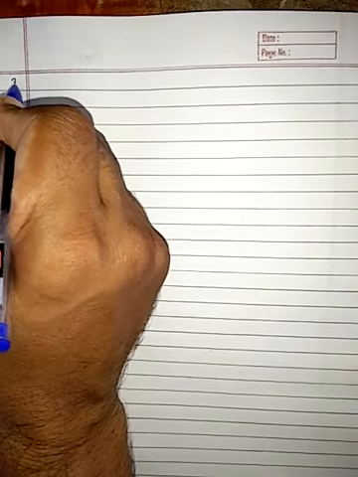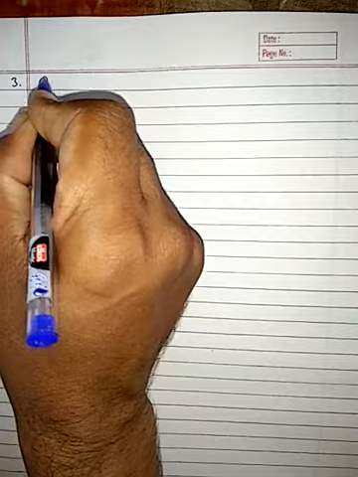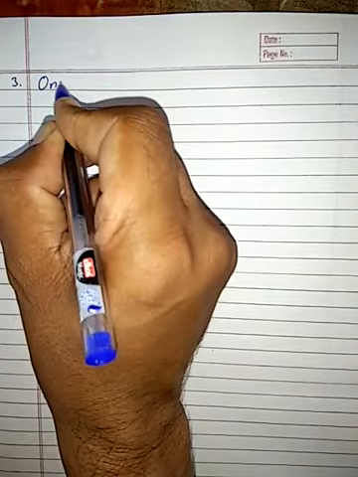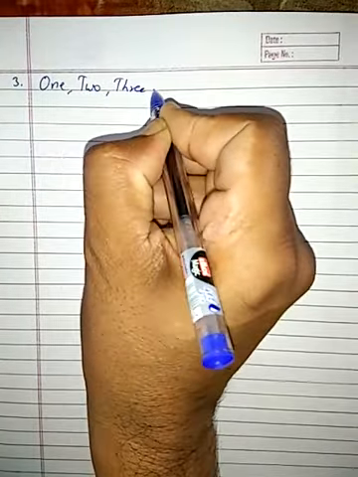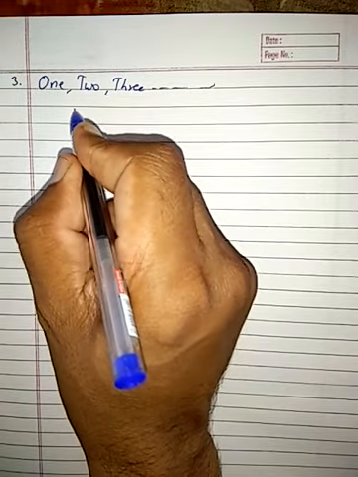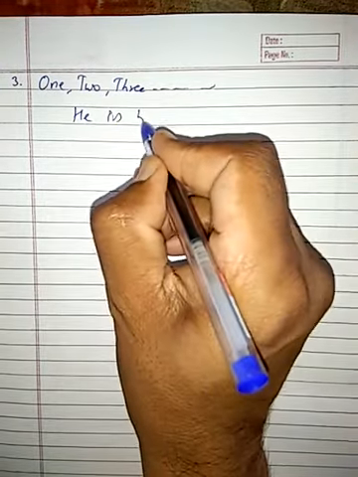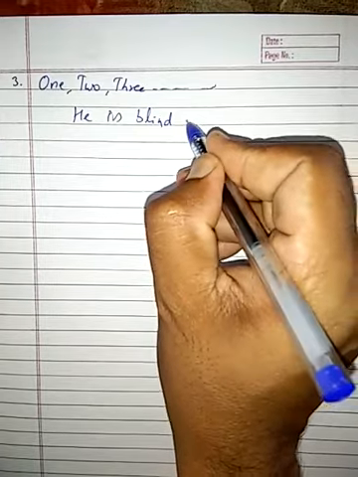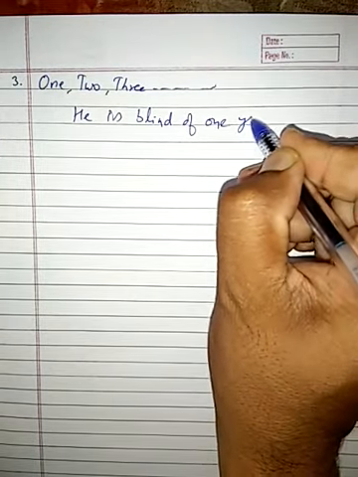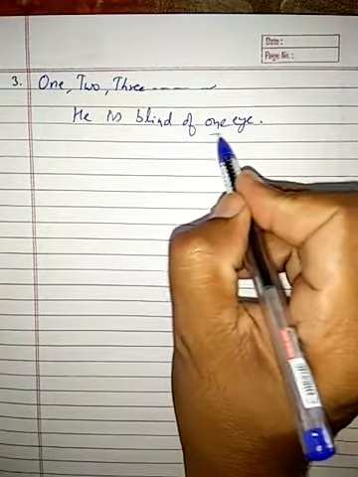Let's move to the next type, that is cardinal numbers, cardinal numerals 1, 2, 3, and so on. He is blind of one eye. So what does one, एक आंख से अंधा है.